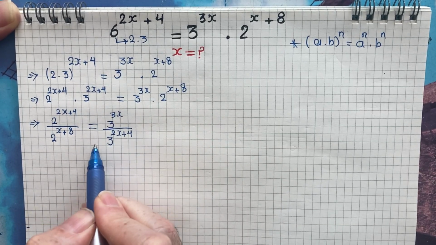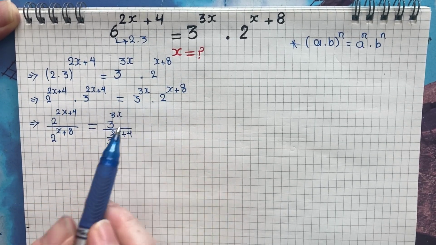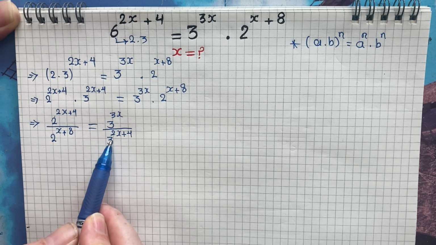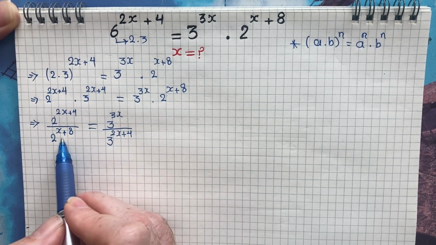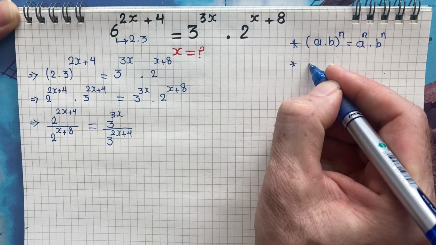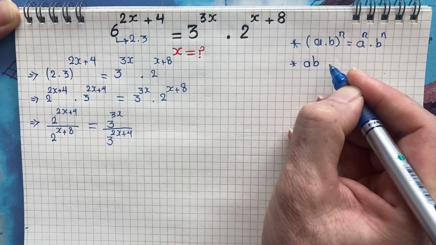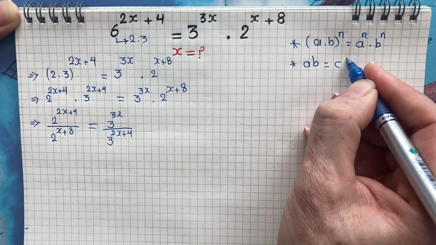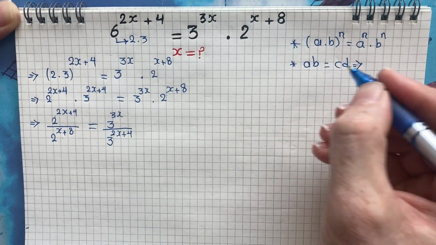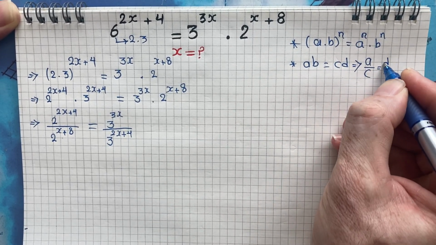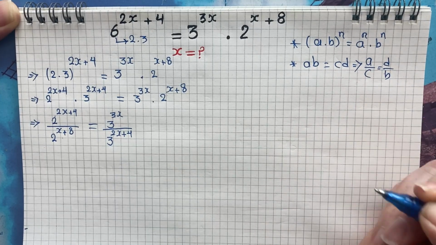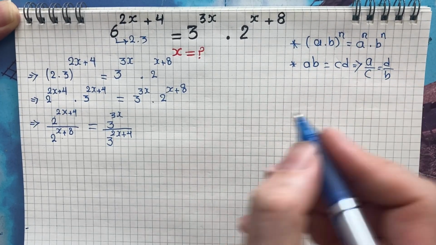Look, this one is exactly the same as this one. Look, this is times this one equals this is times this one. Actually, if we have a b equals c d, it can be written in the form of a over c equals d over b. Remember this.